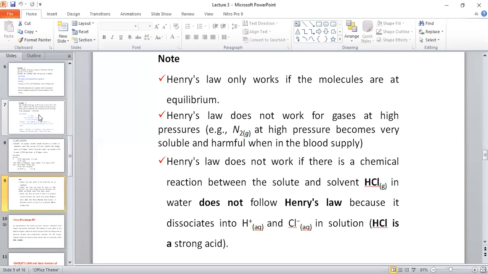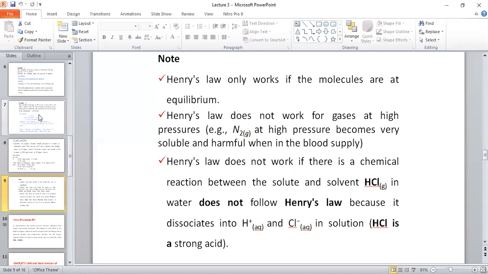For example, nitrogen gas at high pressure becomes very soluble and harmful in the blood supply. So we don't use Henry's law for gases at very high pressure.